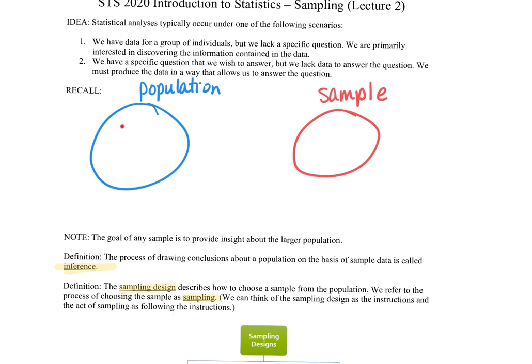So for example, if you have your population and you have your sample, then the sampling design comes from your population, and so does your sampling. And that goes into your sample, but from your sample, you can do what?